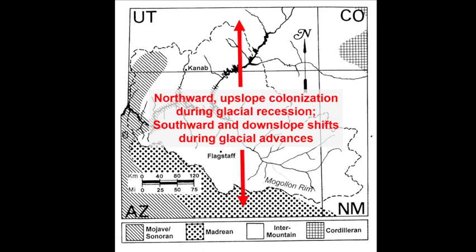The probably perennial ice fields that existed here 15,000 years ago turned into our meadows here in northern Arizona. During glacial advances, which really dominate the climate scene here over the last couple million years, with glaciers going back all the way to the time of the Cambrian, 500 million years ago, southward and downslope shifts happened, where the fauna and flora were displaced from the upper elevations where snow and ice formed and pushed down into the deserts.